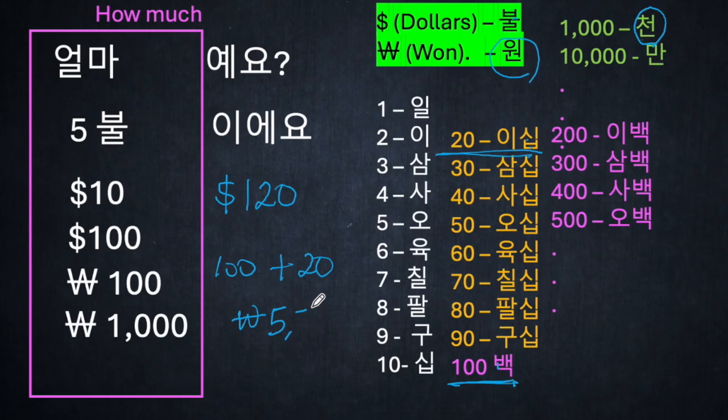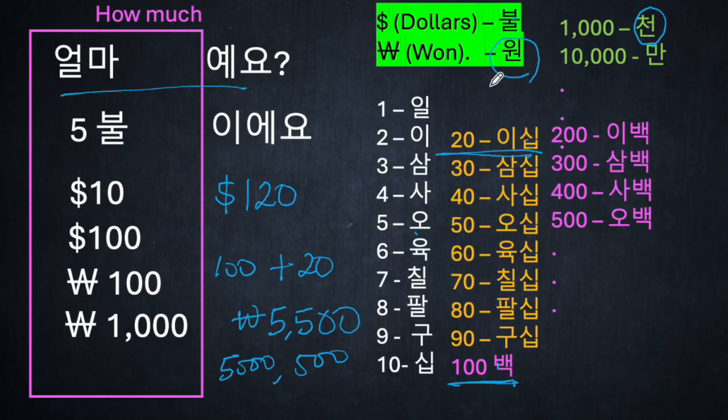Okay, how about 5,500? We did this in the class. 얼마예요? It's this one. So that is 5,000 and then 500. You have to read 5,000, 500. Where's 5,000? 1,000, but there's 5 of them. So 5,000.